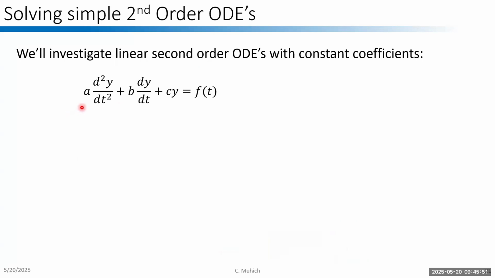For example, we're going to look at functional forms of a d squared y/dt squared plus b dy/dt plus c y equals some function of t. Within this, we're going to solve analytically the functional forms where both b and c equal 0, or where the right-hand side equals 0.